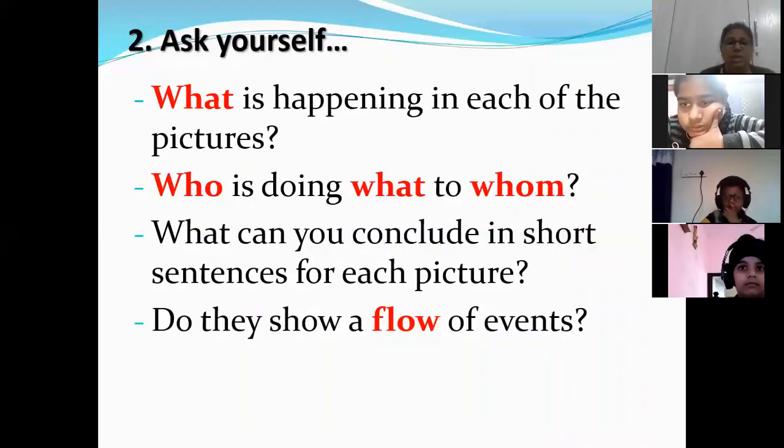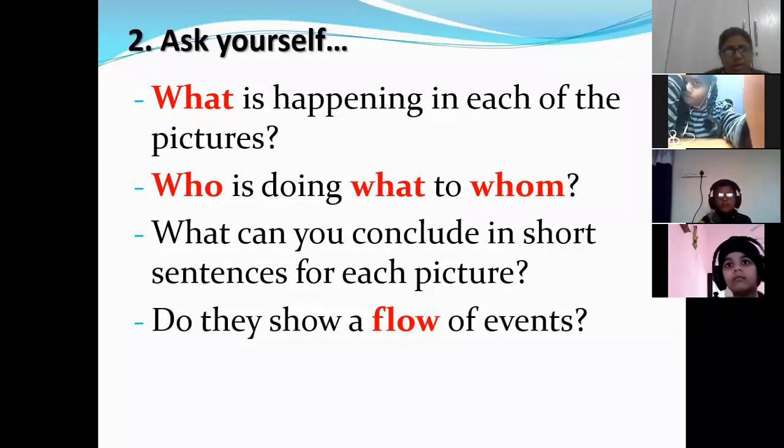Now the second point is, when you are writing a picture story, you have to ask yourself: what is happening in each of the pictures, who is doing what to whom, and what can you conclude in short sentences for each picture, meaning what you can write for each picture. And do they show a flow of events?